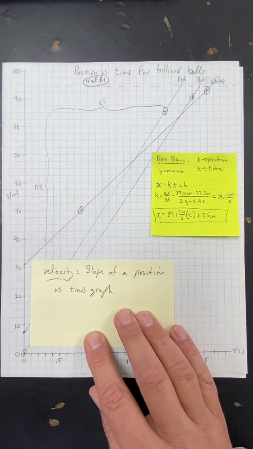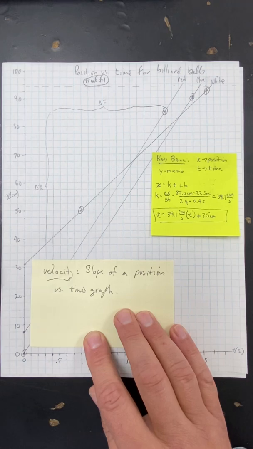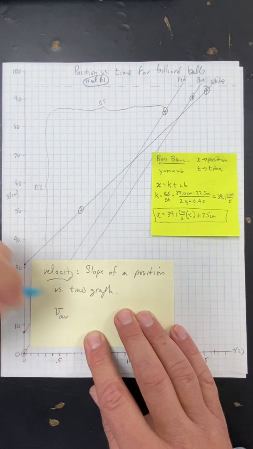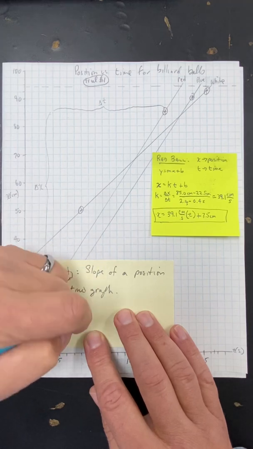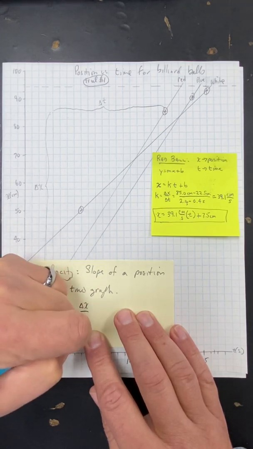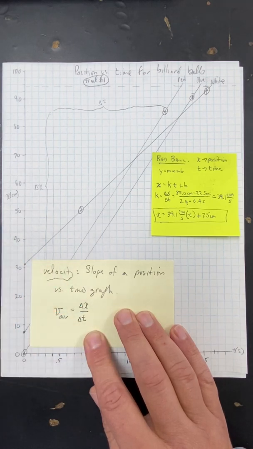Sorry about the chicken scratch. In terms of variables and an equation, I found the slope and I called that velocity. So V, and I'm going to say average velocity. So the average velocity over a certain interval of time is the change in position divided by the change in time. That's the slope of this graph.